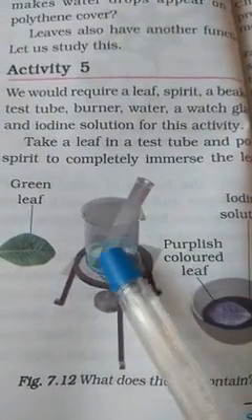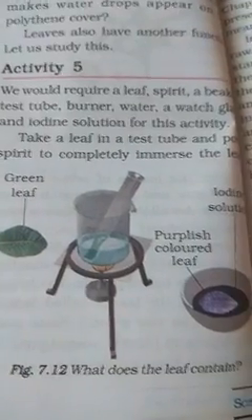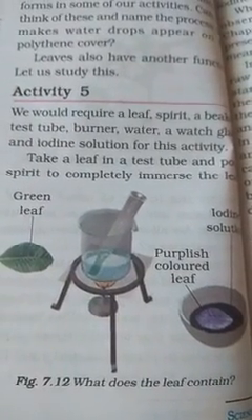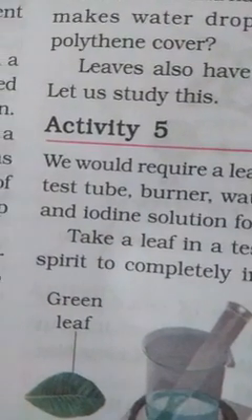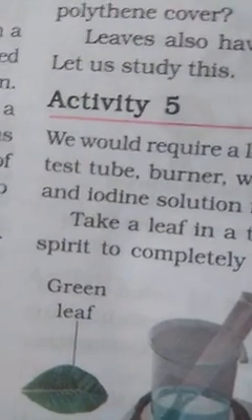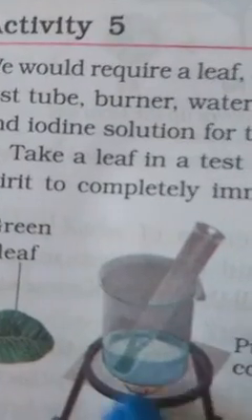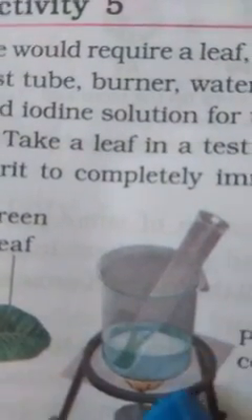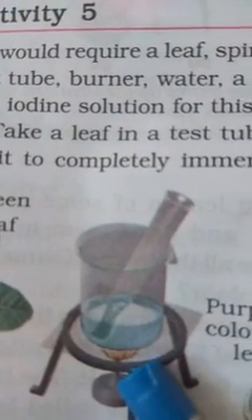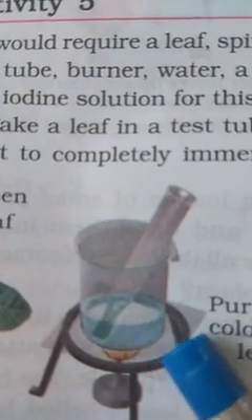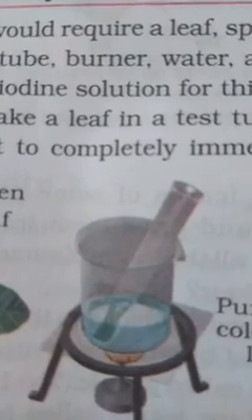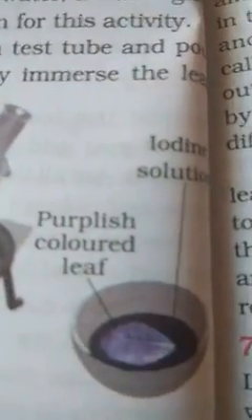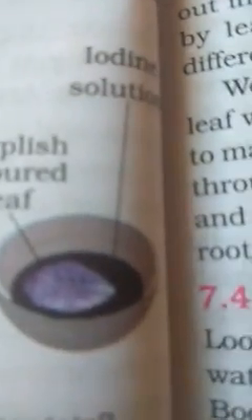There is spirit inside the test tube. Now place the test tube in the beaker half filled with water. Heat the beaker till all the green color from the leaf comes out into the spirit in the test tube. Take out the leaf carefully, wash it in water and place it in a watch glass.